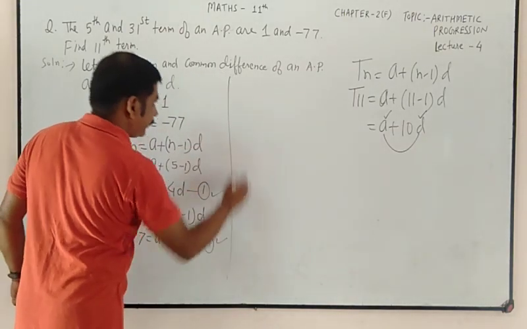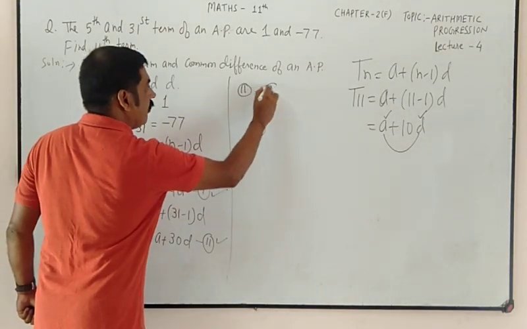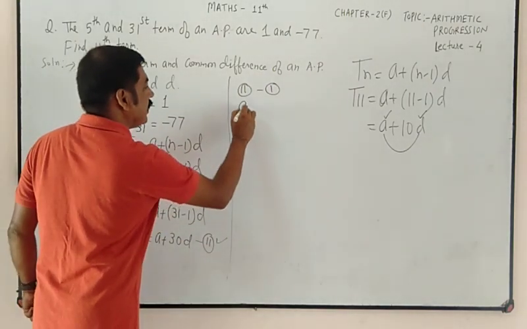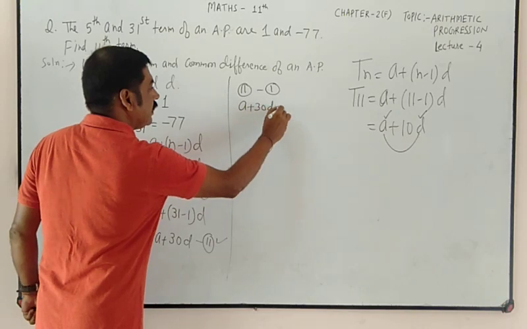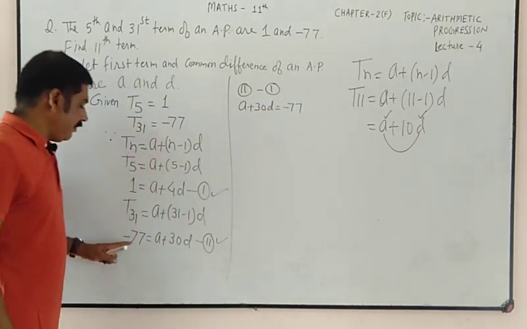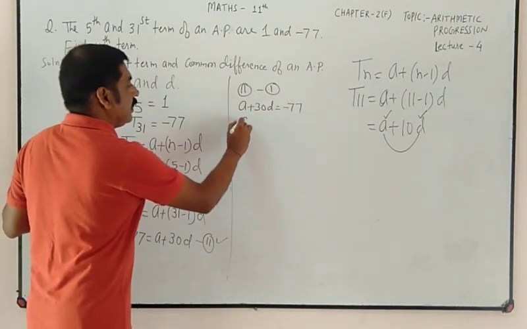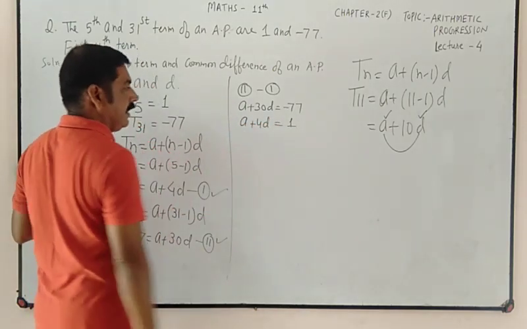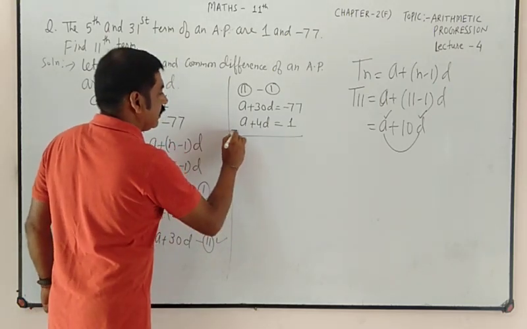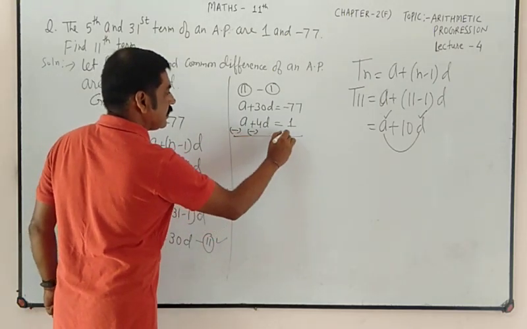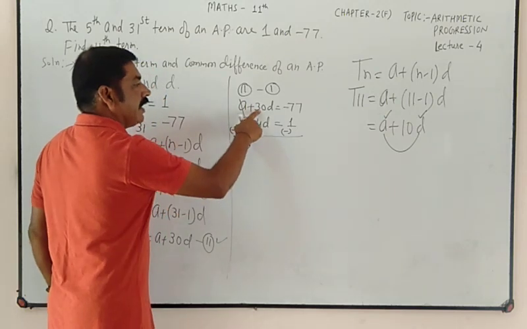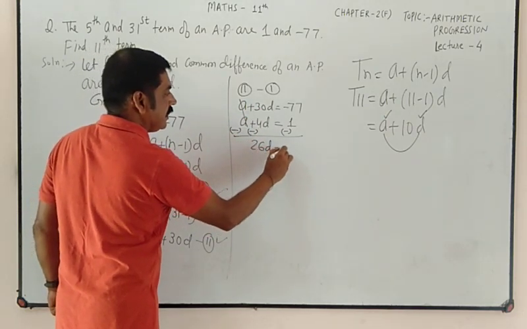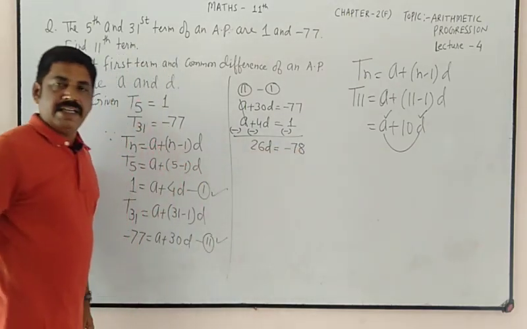So second minus first. So write second equation, a plus 30d is equal to -77 and a plus 4d is equal to 1, right? Now subtract, a cancels, 30d minus 4d is 26d and -78.